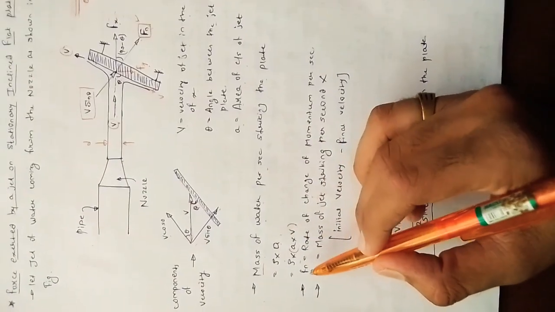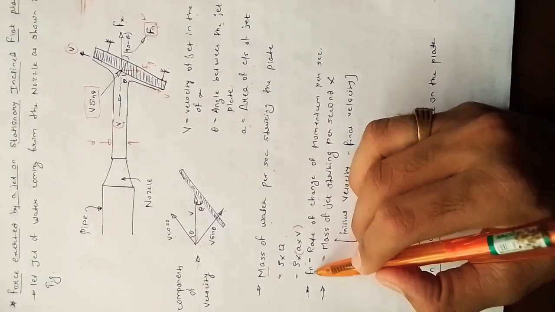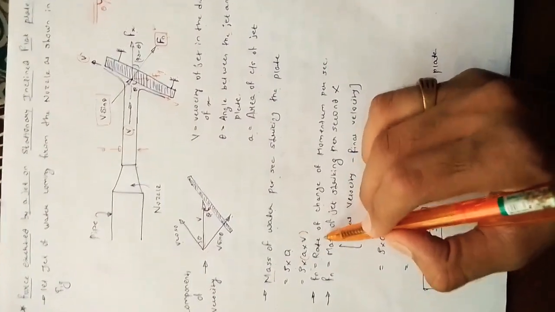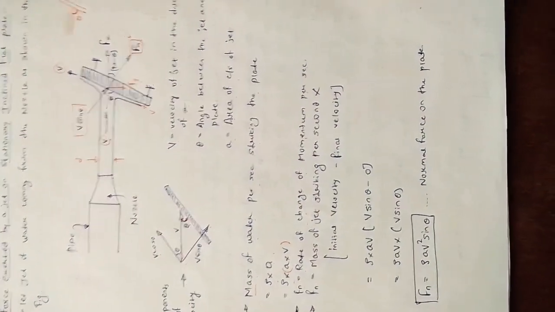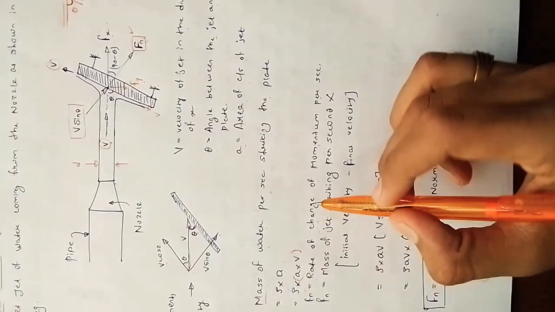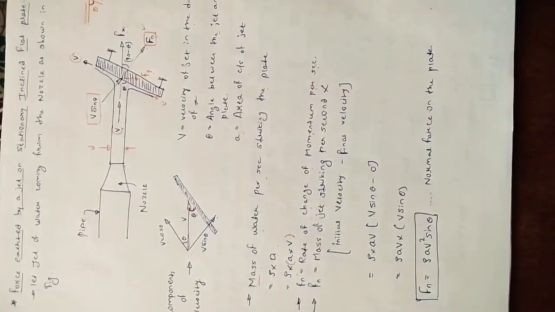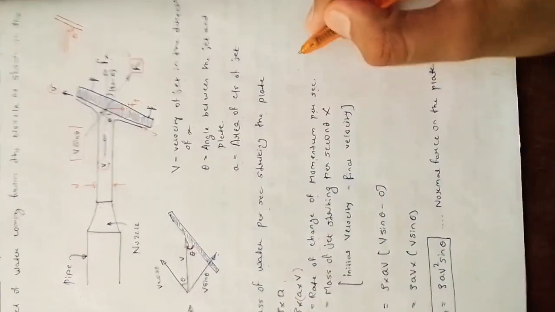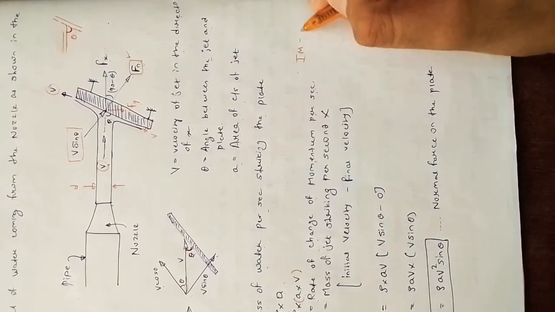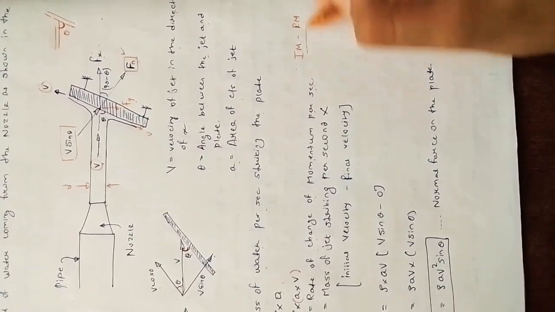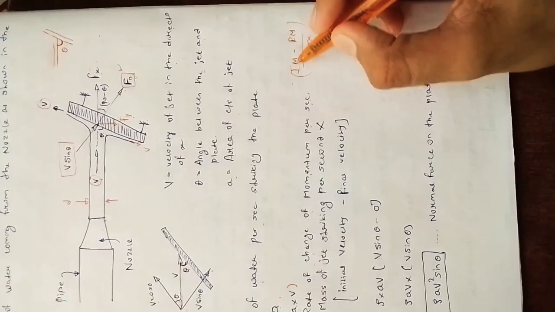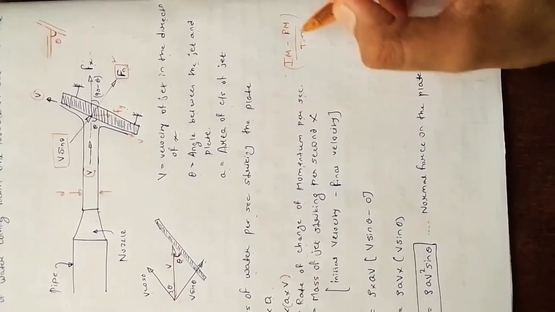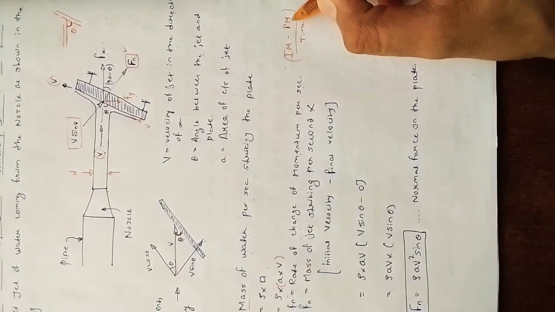Our next step is to find the normal force. The normal force is equal to the rate of change of momentum per second, same as the previous derivation. The rate of change of momentum is the initial momentum minus the final momentum divided by time. Initial momentum is mass into velocity, and final momentum is mass into velocity.